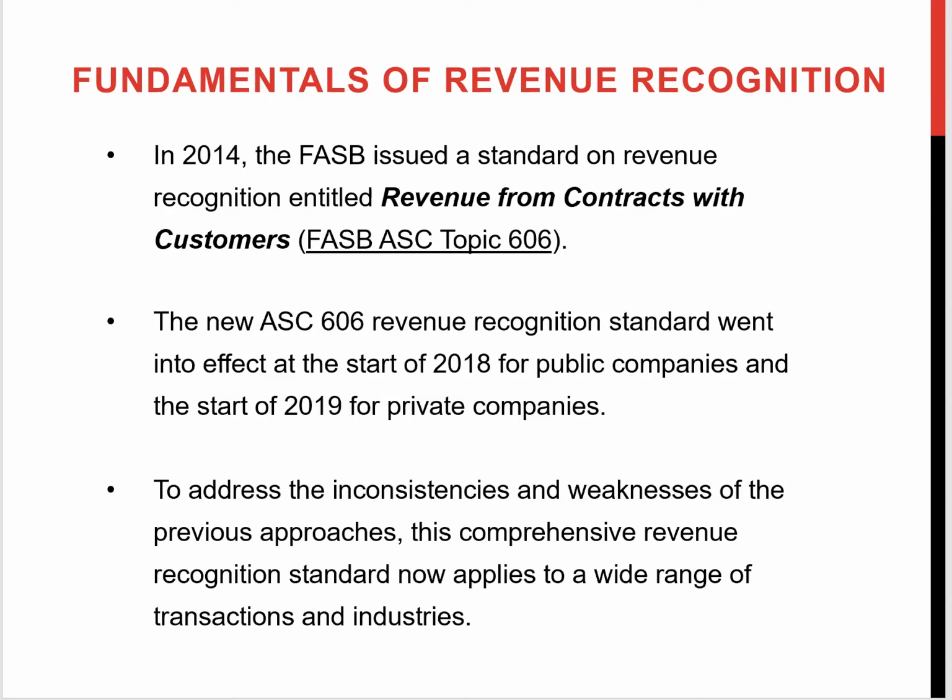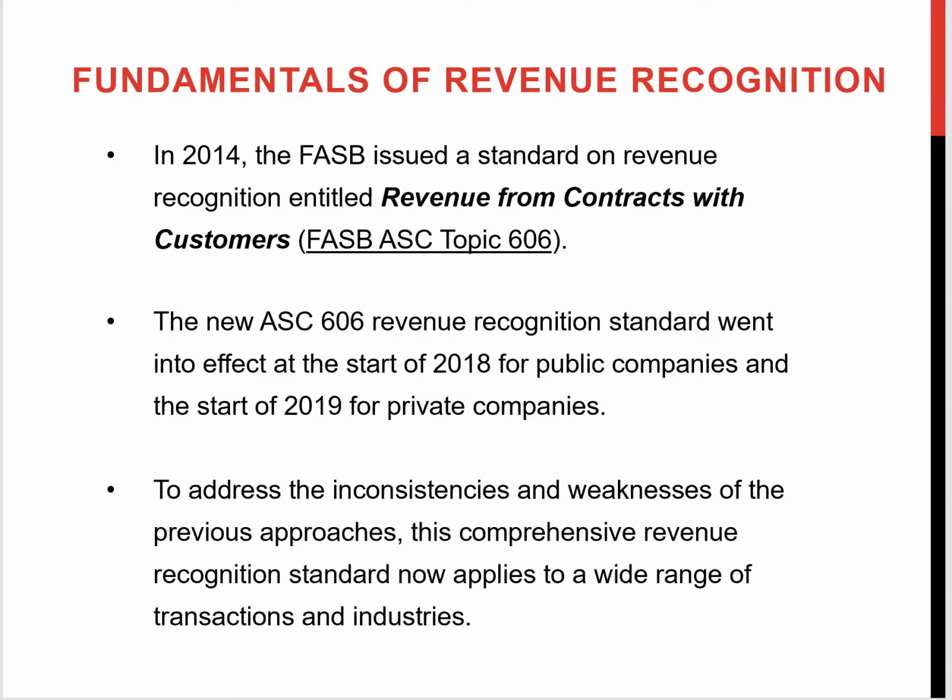These standards, developed in 2014 and implemented in 2018 for public companies and 2019 for even private companies, actually help to remove several inconsistencies and weaknesses of the previous approaches.